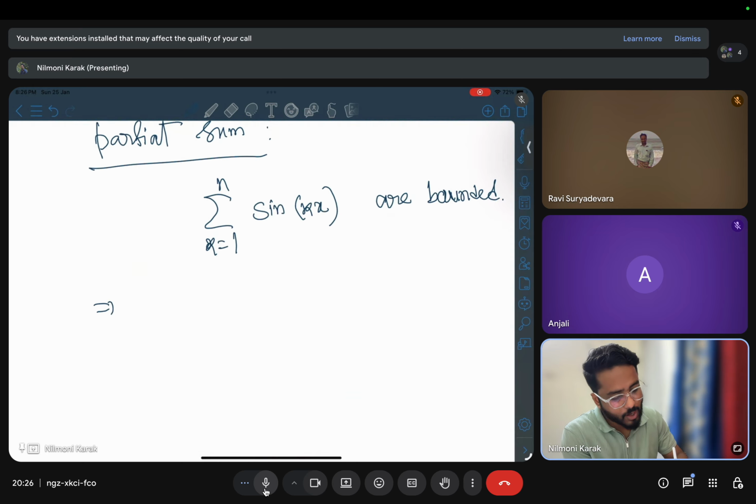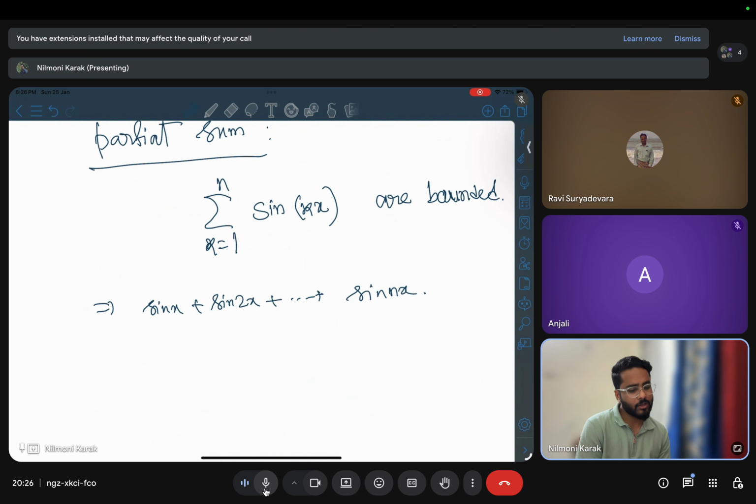How it is bounded, we have to check. sin x plus sin 2x plus ... plus sin nx. Actually there is a formula.